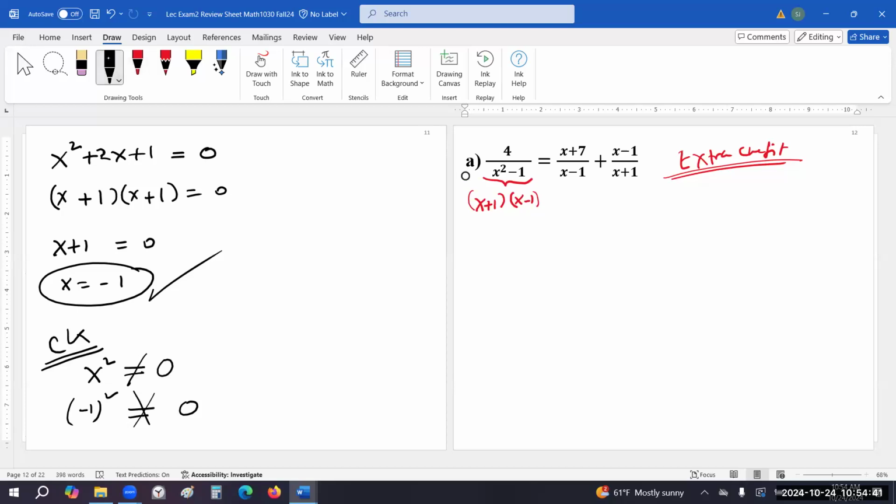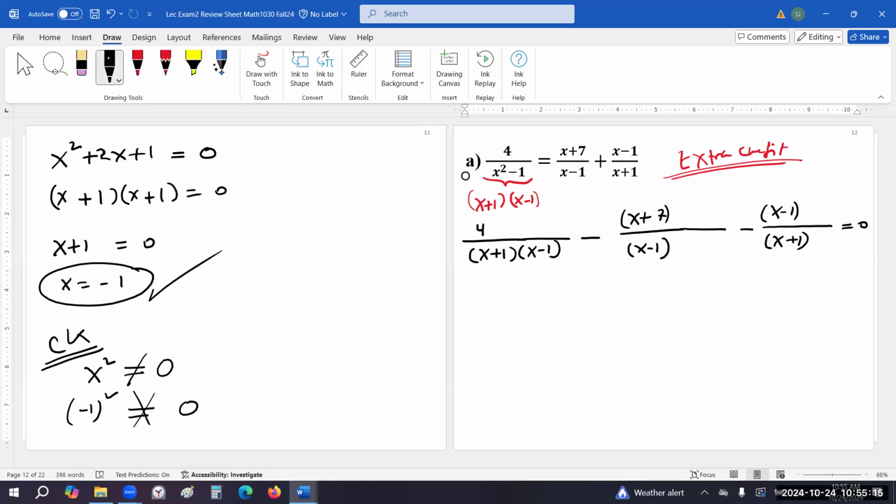So in other words, we have 4 over (x plus 1)(x minus 1). And let's subtract the other side from the right to the left: minus (x plus 7) over (x minus 1) minus (x minus 1) over (x plus 1) equals 0.